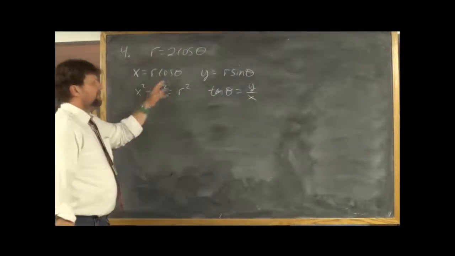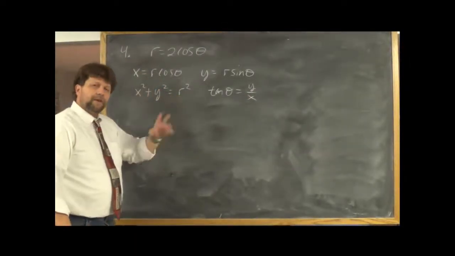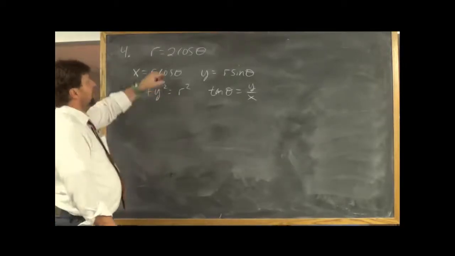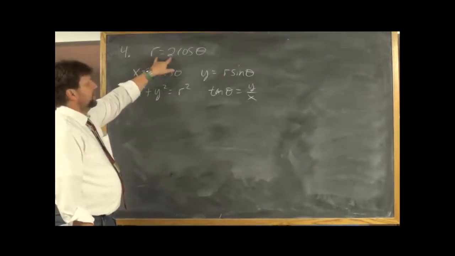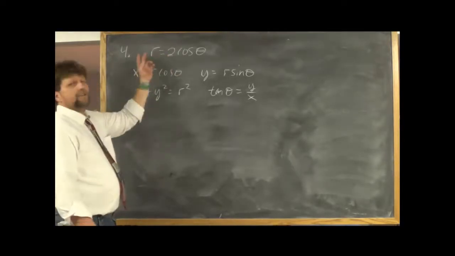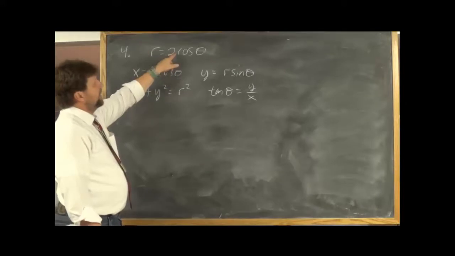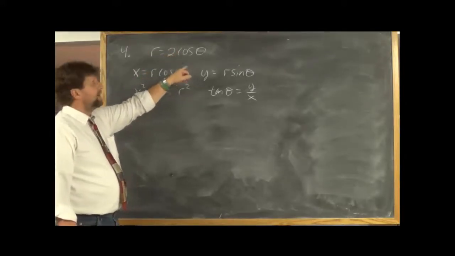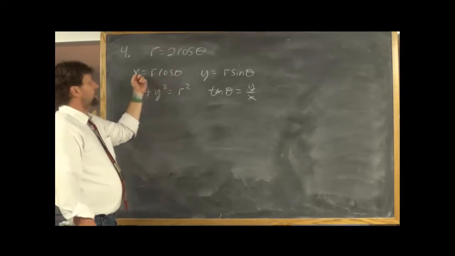These are all the conversion formulas you need to know to go from rectangular to polar or from polar to rectangular. Since I want to take this polar equation and put it into rectangular form, I look at the equation and I'm thinking, if only I had an r right here, if this said 2r cosine theta, I know r cosine theta is x.